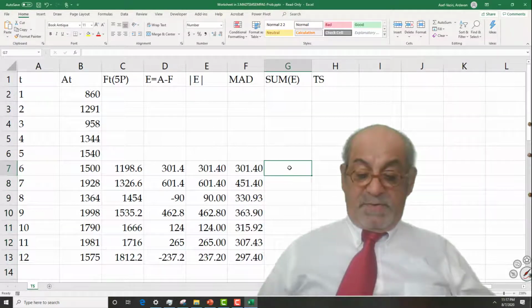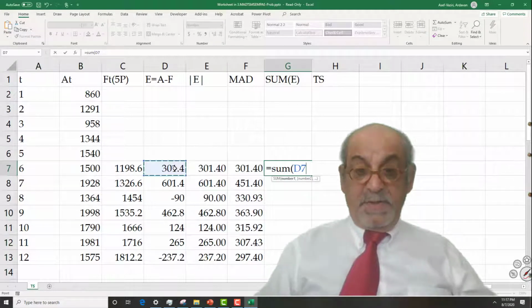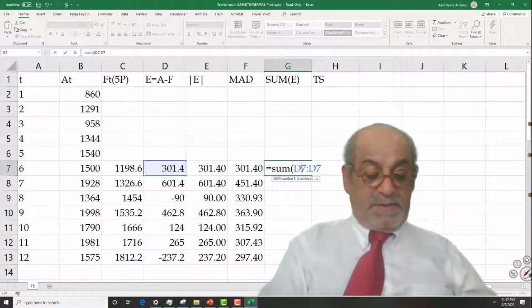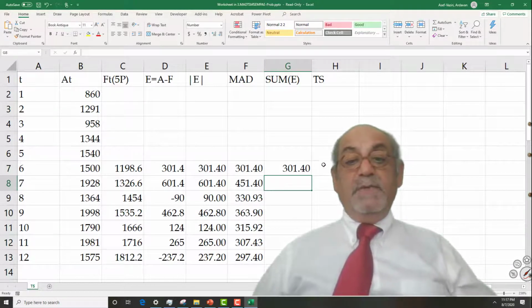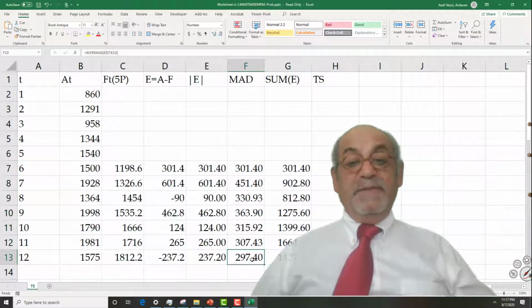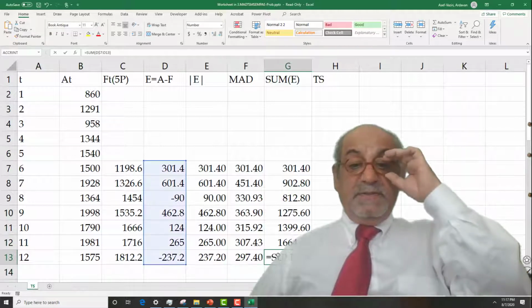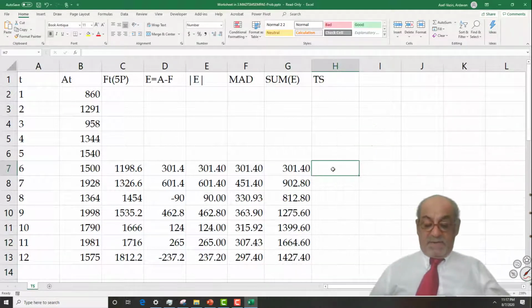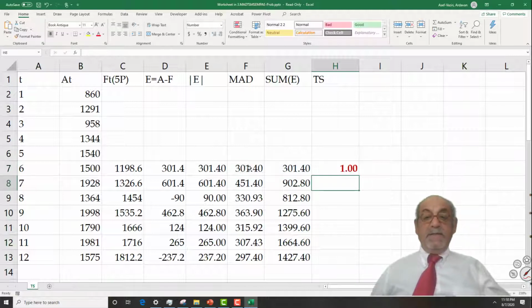Sum of error equals the summation of this one to itself, and lock this 7. There. Copy down. Now this is MAD for everything, and this is the summation of error for everything, and the tracking signal is the summation of error divided by MAD. Enter.